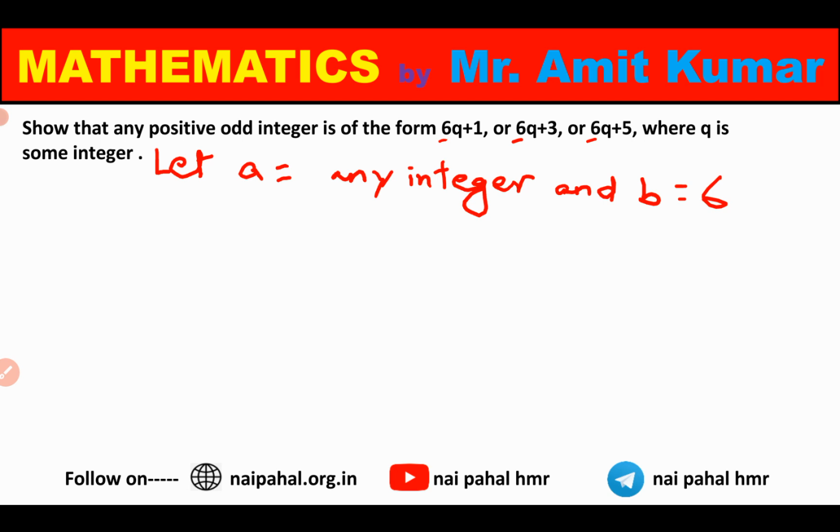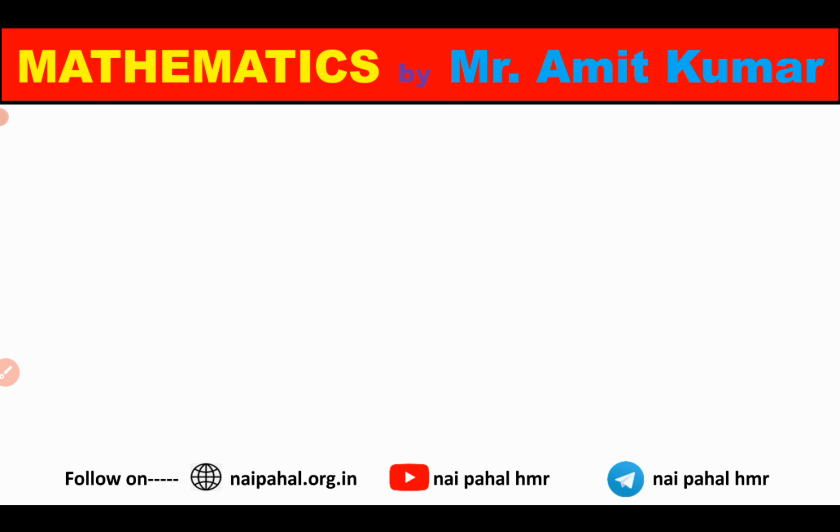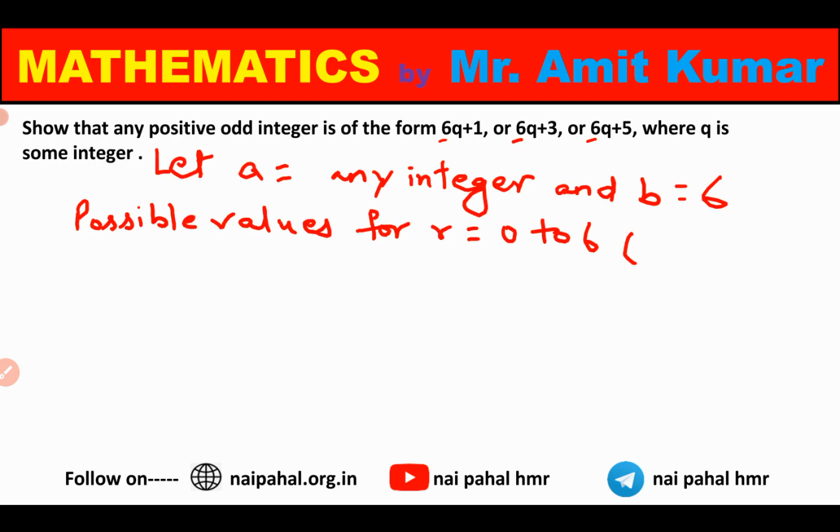If b's value is 6, then what are the possible values for r? I had already told you that 0 is less than or equal to r, but r is always less than b, which is 6.